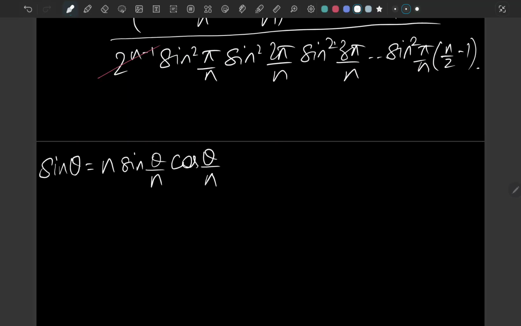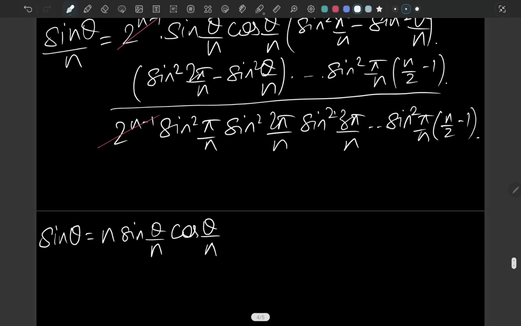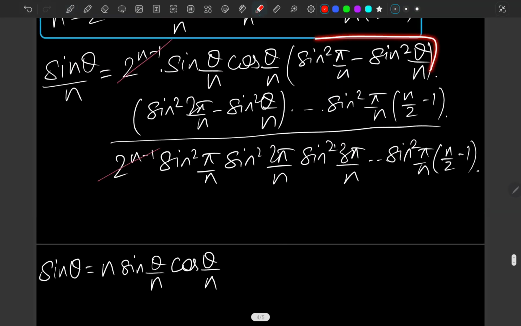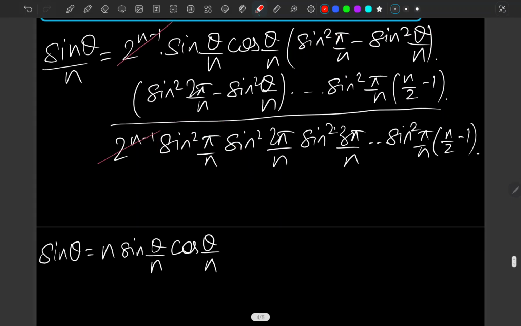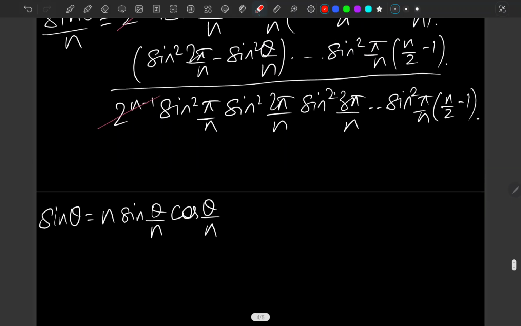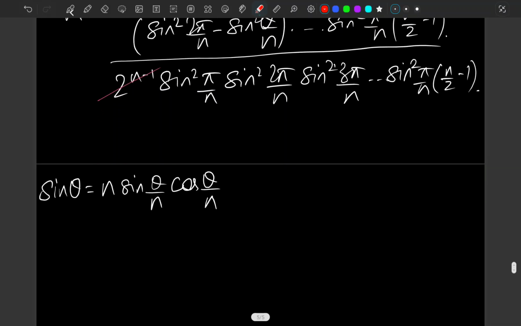Yeah, that's pretty fine. And then if we consider dividing this one with this one, we're going to have 1 minus sine squared theta over n over sine squared pi over n, right?